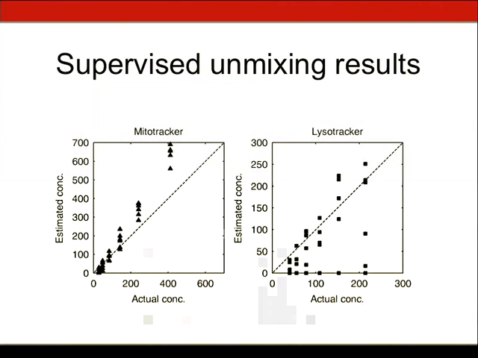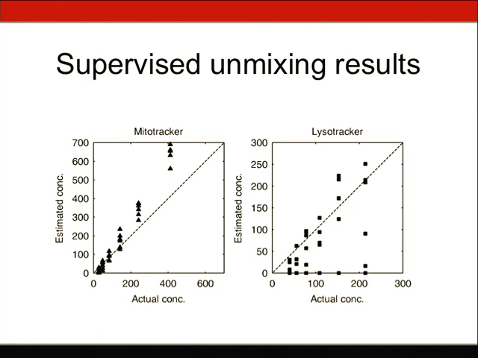And here we're representing that in a different form, which is what we're estimating as the amount of a particular probe that was added to a well versus what was actually added, and you can see that there's pretty good agreement between those. So this represents, for the first time, a system that, given an image that has a mixture of two different patterns in it, will estimate for you with reasonable accuracy what those percentages are.